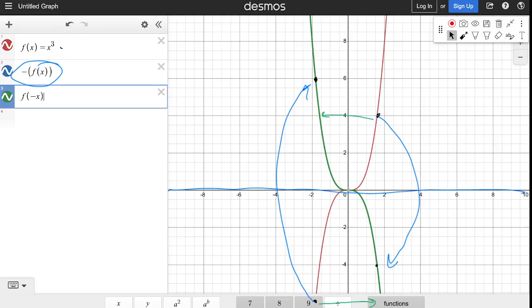If we have a successive reflection around both the x-axis and the y-axis, that is called a reflection around the origin. We reflect over the y and then the x, or either order will give us, if it's symmetric about the origin, we won't be able to tell which is which.